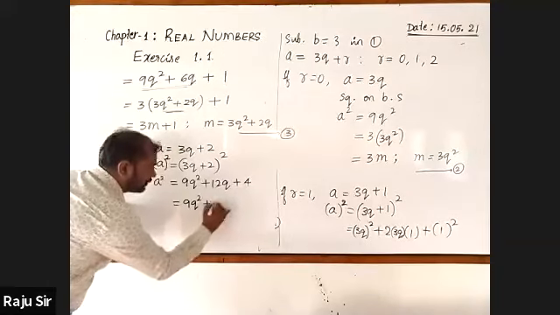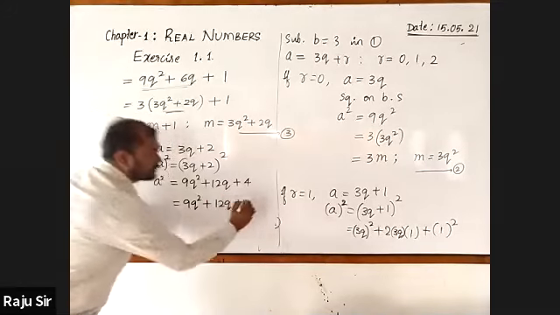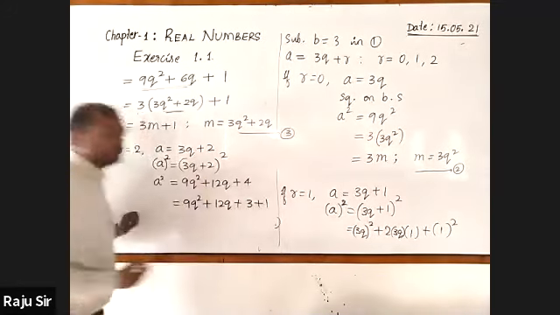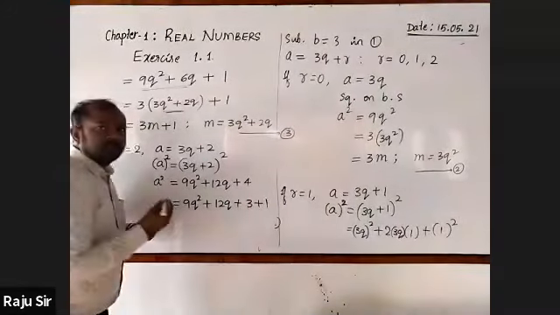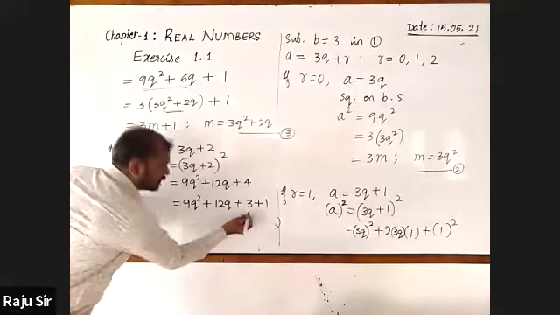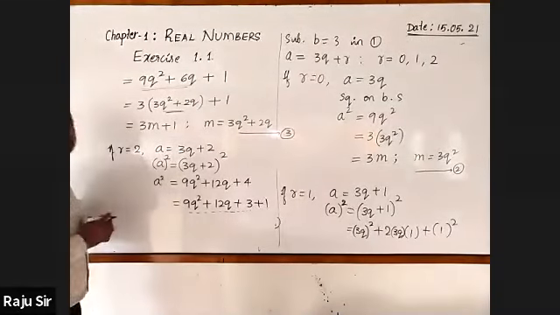9q square plus 12q, and 4 is to be written as 3 plus 1. Now, can we go for taking a common factor with respect to the first 3 terms? Yes, sir.